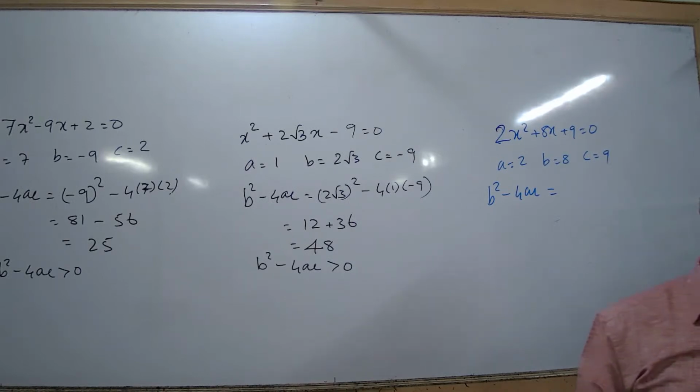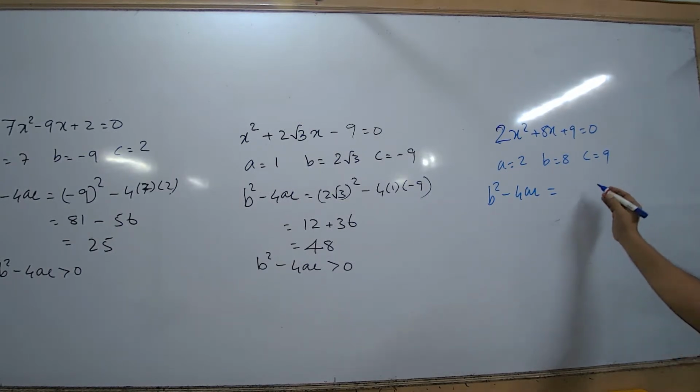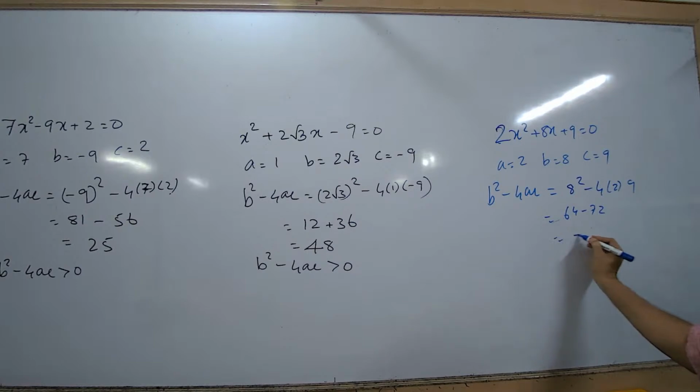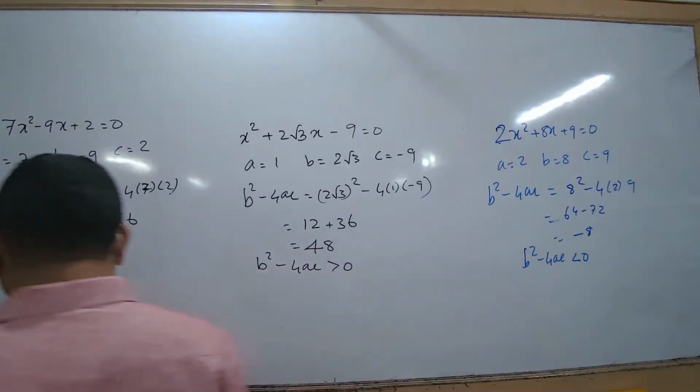What answer did you get for the third part? 8 square minus 4 times 2 times 9, that is 64 minus 72. b square minus 4ac is less than 0, so roots are imaginary.